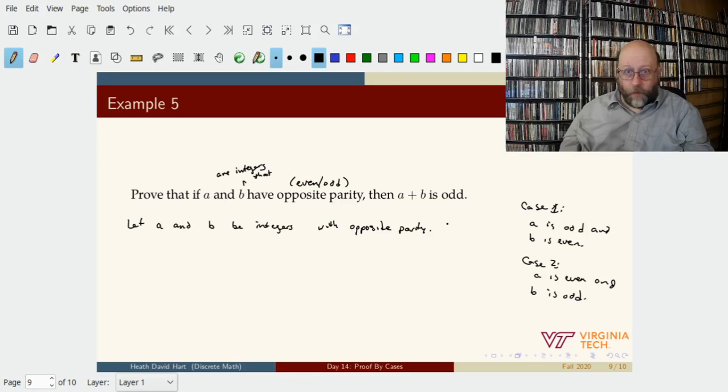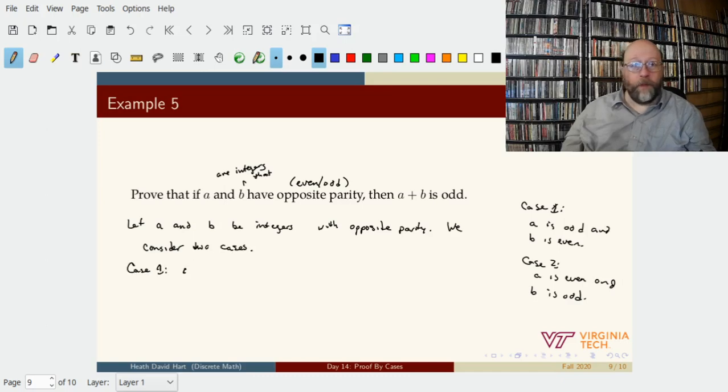So if we didn't use the shortcut, we would then say we consider two cases. Case 1, assume, I'm going to leave some space here, A is odd and B is even. And let's go ahead and write out what case 1 does.